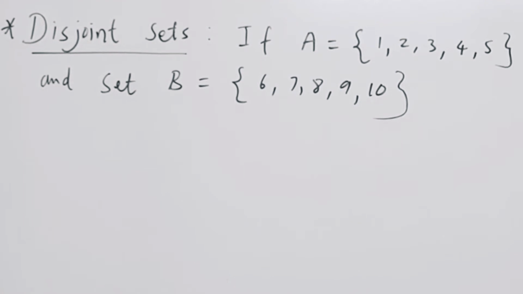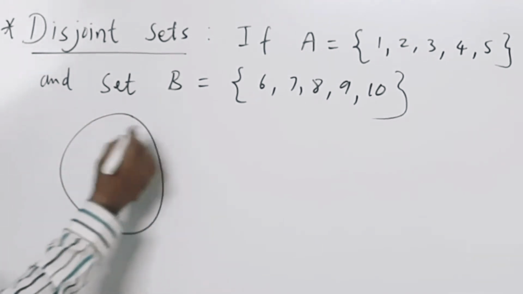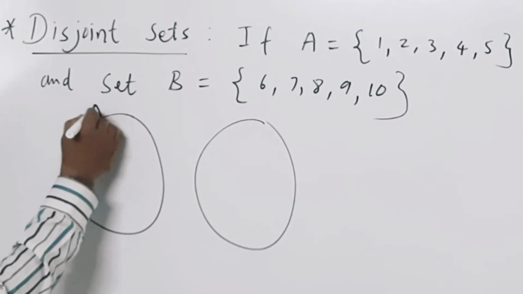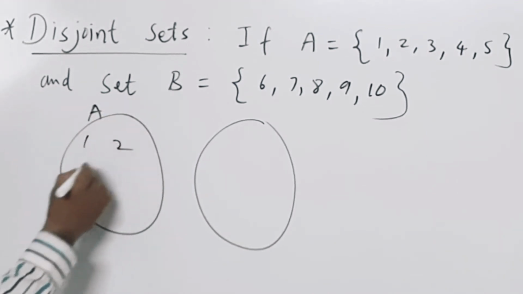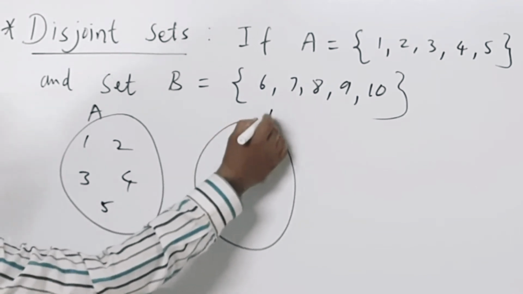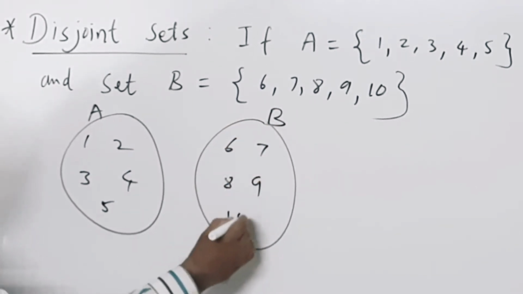Now what are disjoint sets? If set A is equal to {1, 2, 3, 4, 5} and set B is equal to {6, 7, 8, 9, 10}, then you can see by the Venn diagram, set A contains the elements 1, 2, 3, 4 and 5, and set B contains the elements 6, 7, 8, 9, 10.